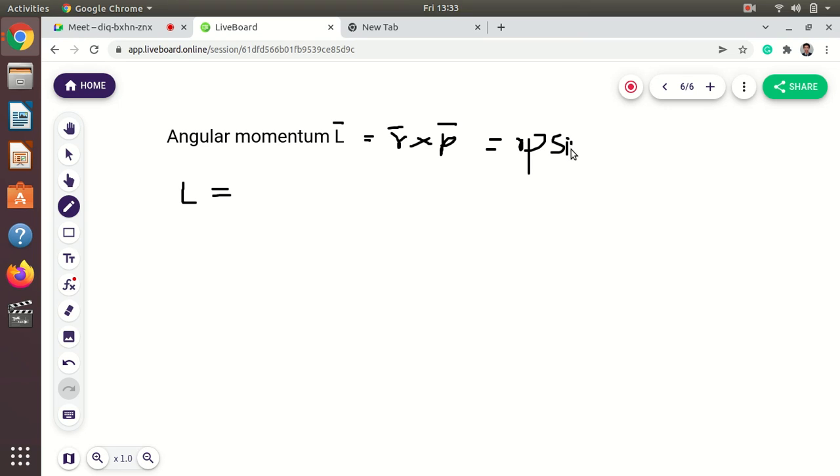When the angle between R and P is 90 degrees, sin theta will become 1, so the maximum magnitude will be equal to R into P.